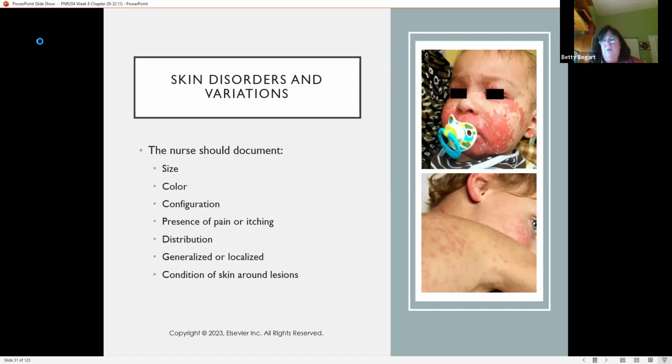What was it when they came in this morning, and this is what I have now, and look at the differences, the size, the color, configuration. Is it painful? Is it itchy? Is it a small place? Is it all over the place? Is it localized? Or is it generalized everywhere? And then looking at what the skin looks like around these lesions.